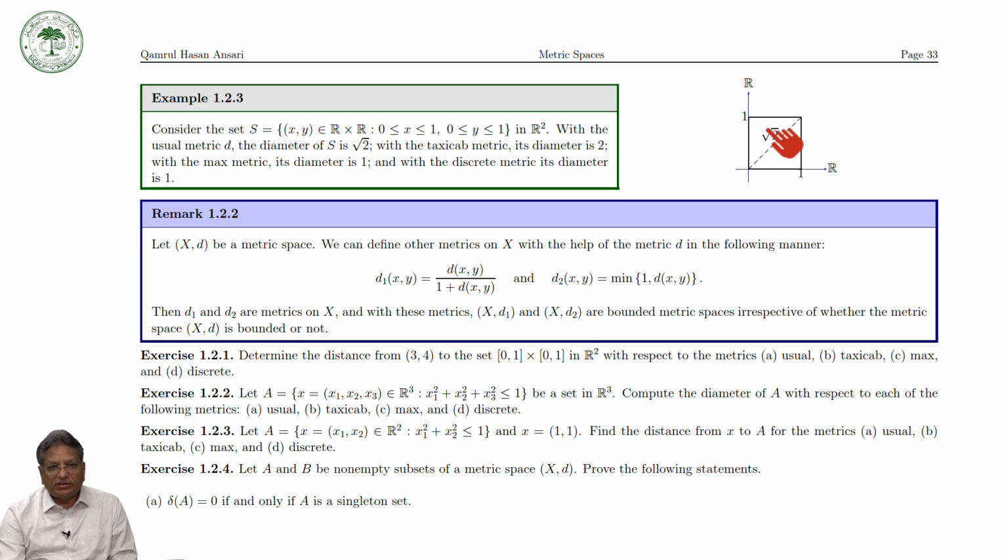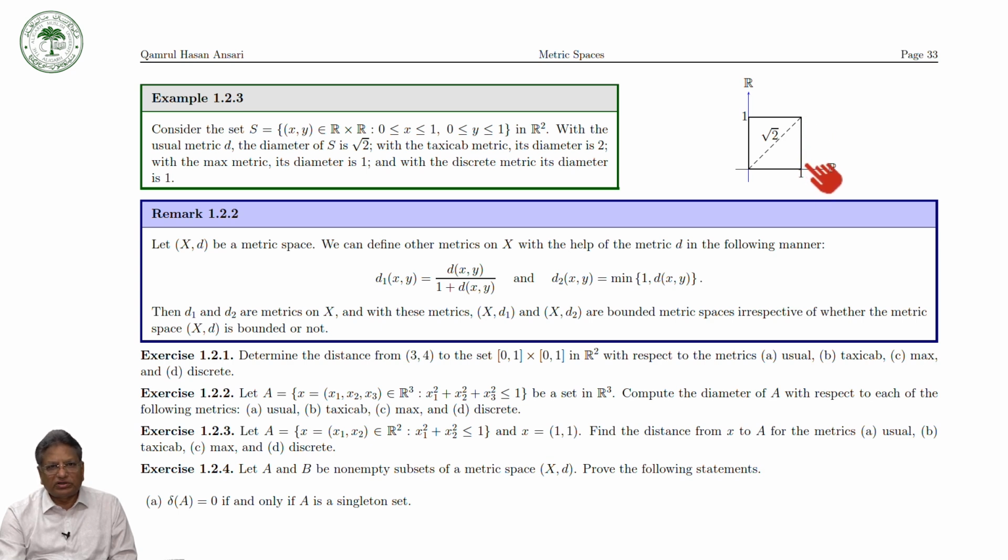Okay, if we consider the taxicab metric, you remember that d(x, y) is equal to mod of (x1 minus y1) plus mod of (x2 minus y2). So x1 minus y1 is this distance which is equal to 1, and x2 minus y2 is this distance which is equal to 1.